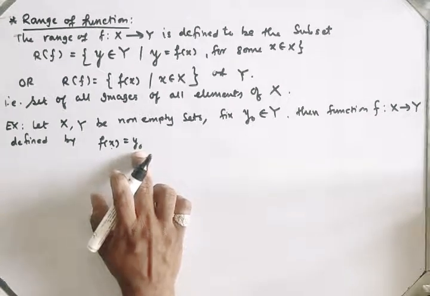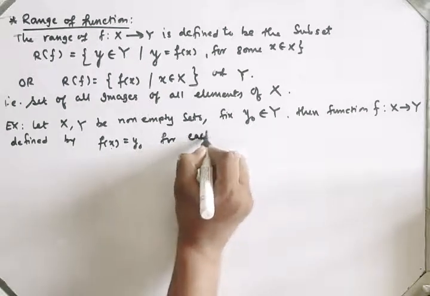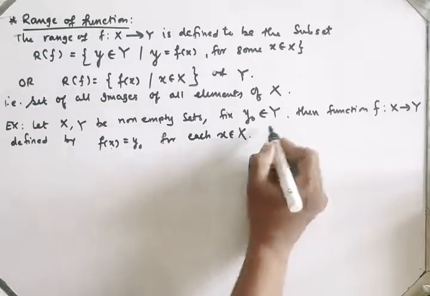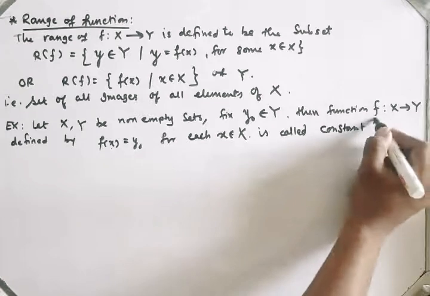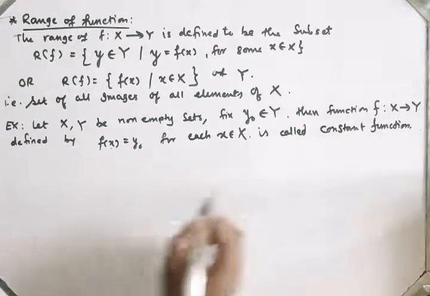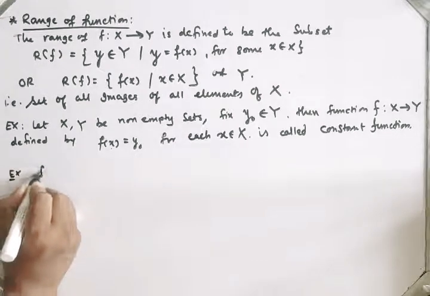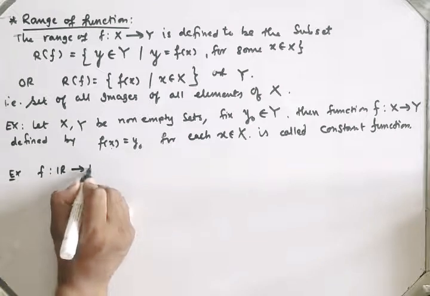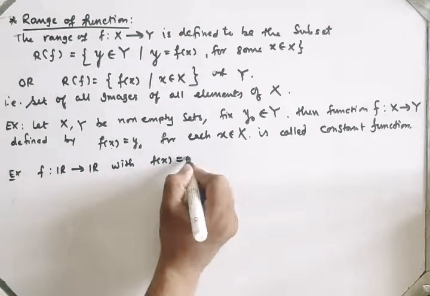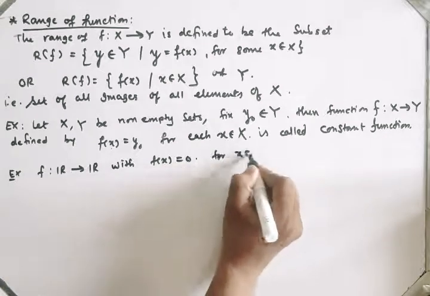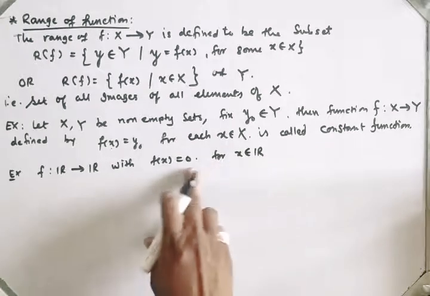So we say f of x is equal to y naught for each x belongs to set X is called a constant function. Also, next example, suppose I have a function f from real numbers R to R with function value 0 for each x belongs to R. It means every value from R we always get the value 0.